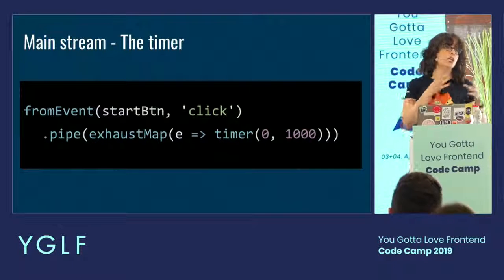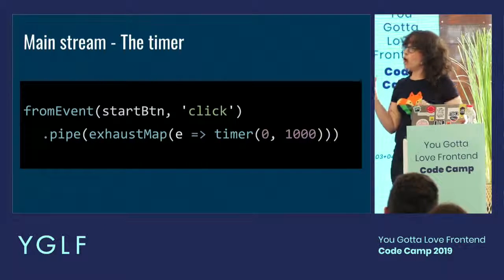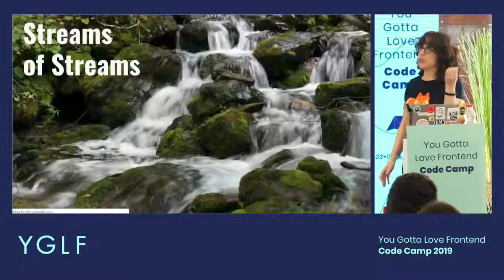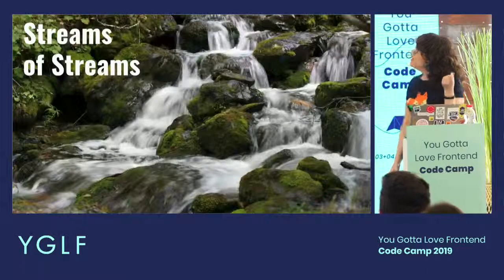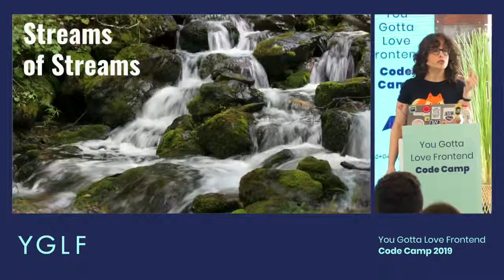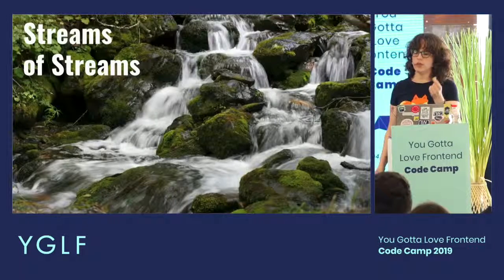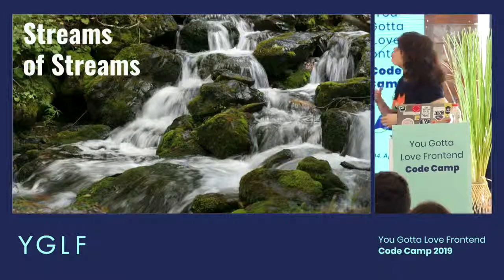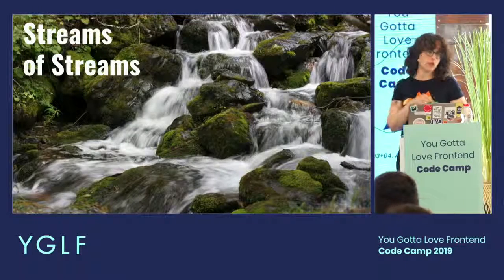And this is because exhaust map is a higher order operator. So that means it helps us deal with streams of streams. Up until now, we've seen streams that emit values. So things like events, integers, strings, stuff like that. But streams can also emit other streams.